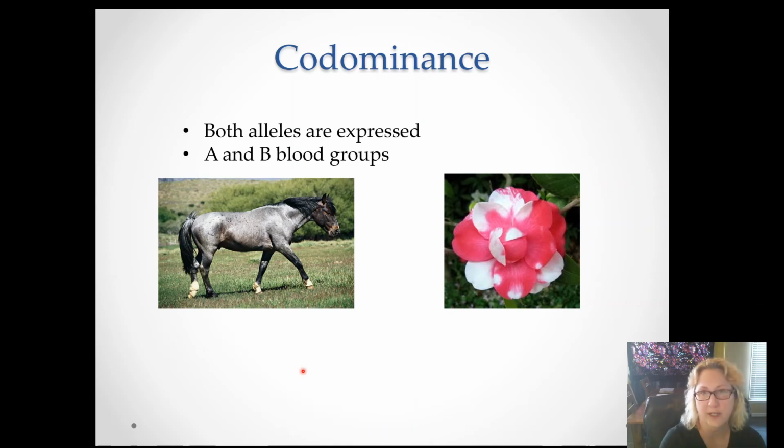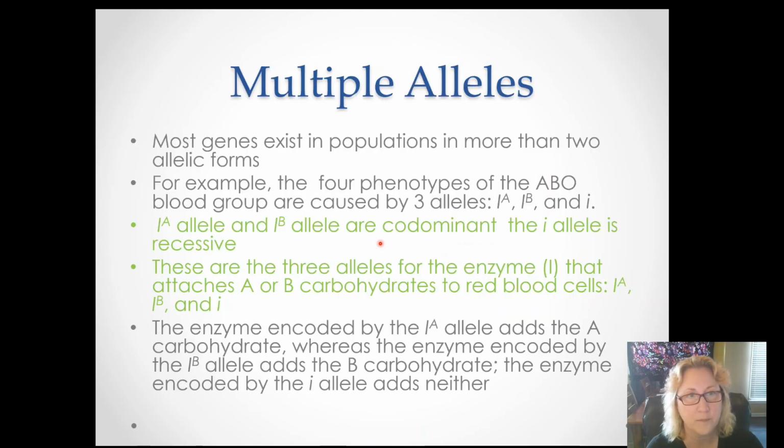So this color trait is not due to the codominance of a white allele and a black allele. So it's not really a very good example. It is extremely hard to find decent examples of codominance. The best one that we have is the A and B blood groups, which we'll talk about.